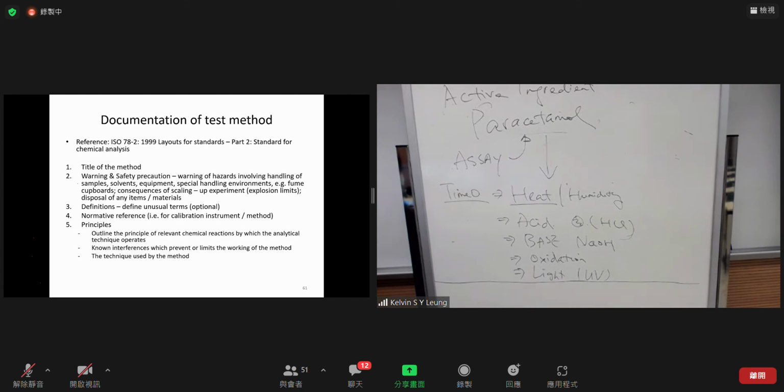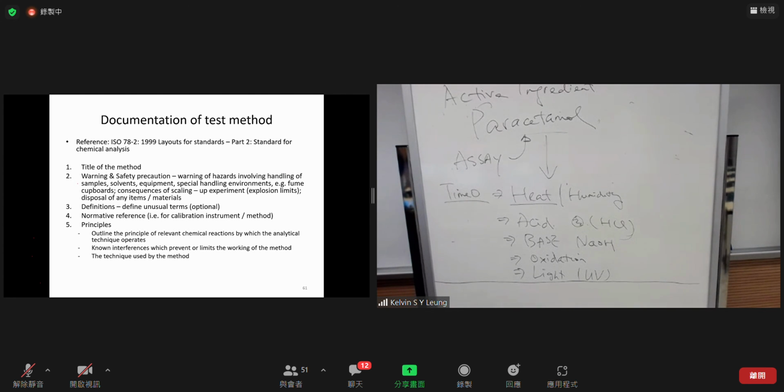So the documentation is also very important in the laboratory. You have to list out all the important items in your test method for your routine purpose.